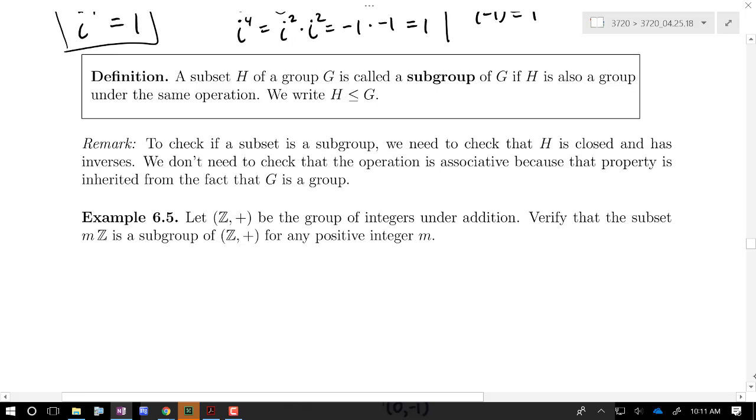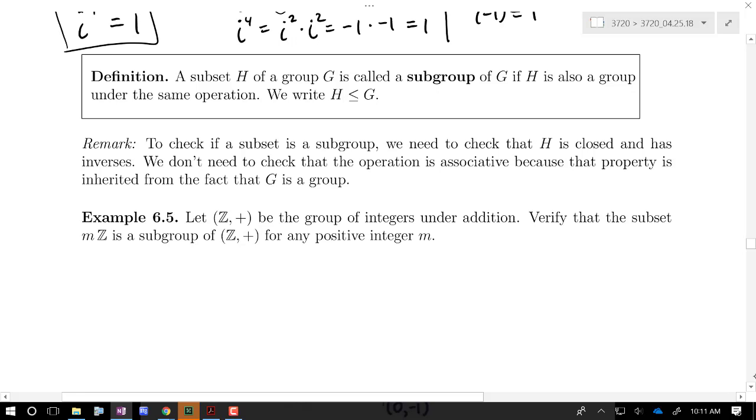In order to check that a subset is a subgroup, we'll note that if G itself is a group, we wouldn't use the term subgroup if it wasn't contained in a larger set that is a group in and of itself. So the associative property would be inherited from the larger group, so there's no need to check that.